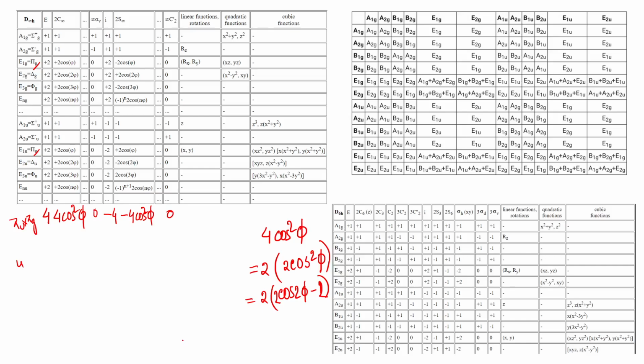No, see, cos 2 phi is cos square phi minus sin square phi. So sin square phi is 1 minus cos square phi.